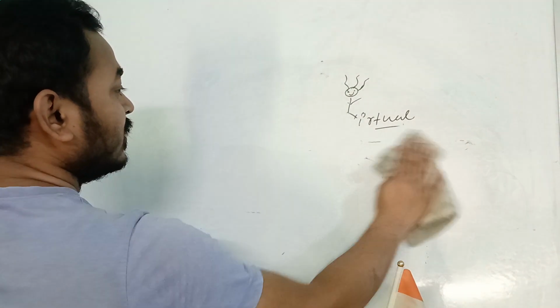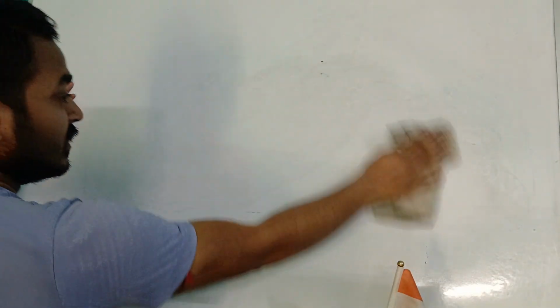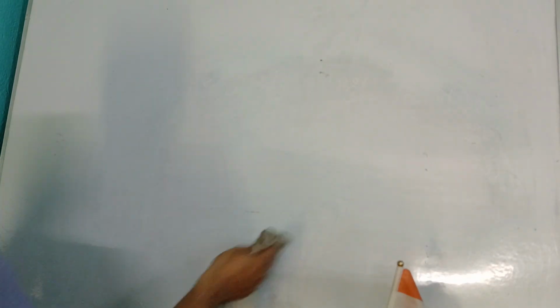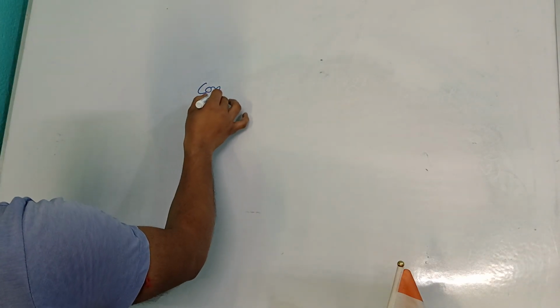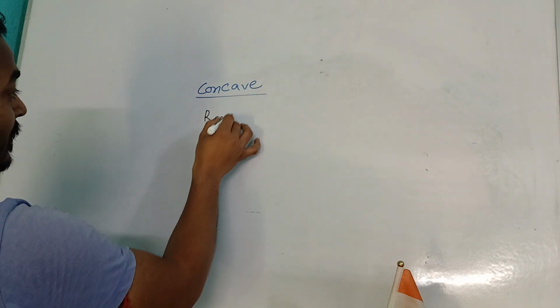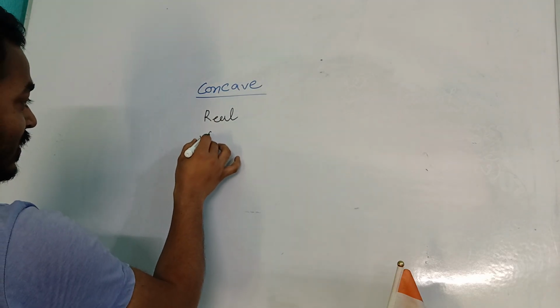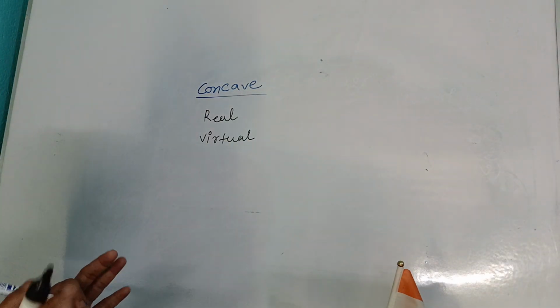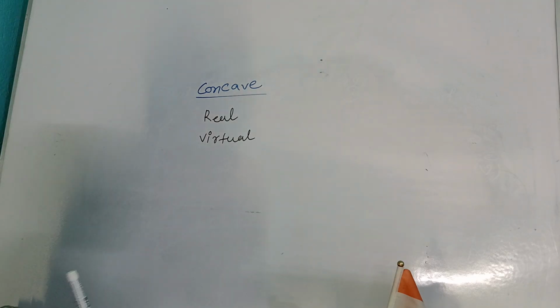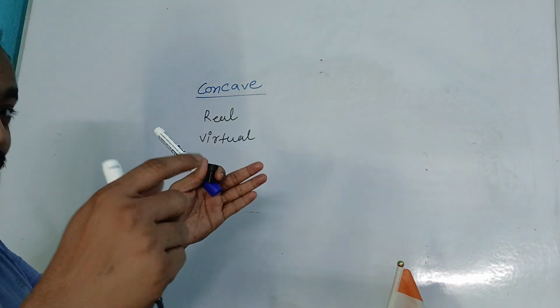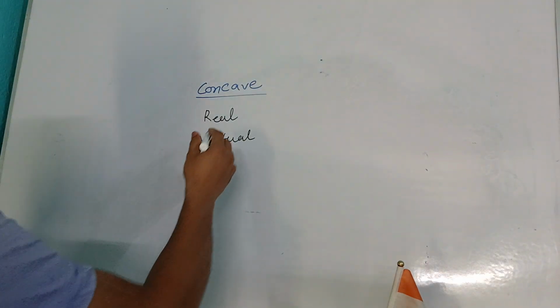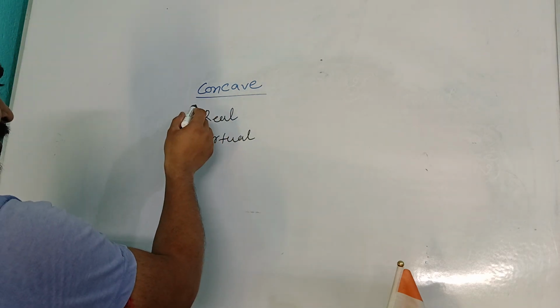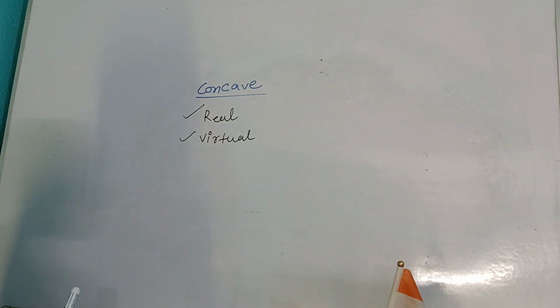In the case of a concave mirror, we observed that sometimes we are getting a real image, sometimes a virtual one. In the case of a plane mirror, it is always virtual, not real. I'm considering only one mirror, not a combination of mirrors. If you take two mirrors, then a real image can form for a virtual object, but that is a different concept. So in a concave mirror, we get both real and virtual images.